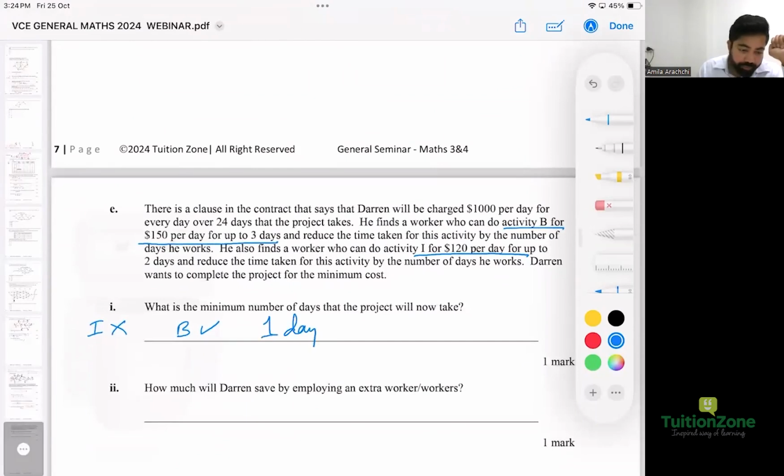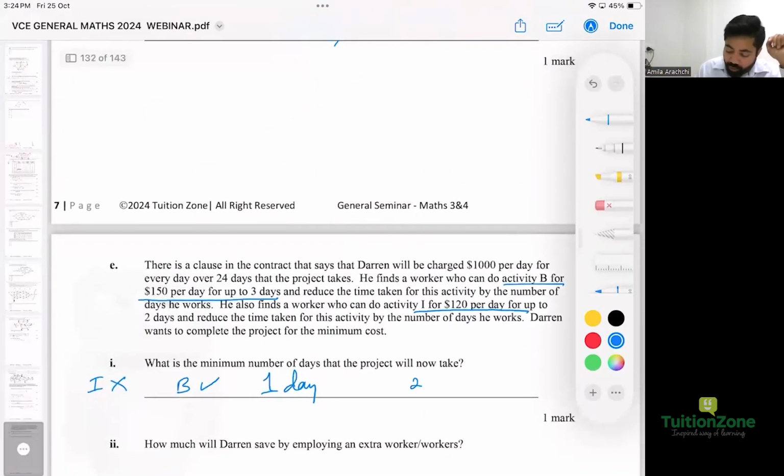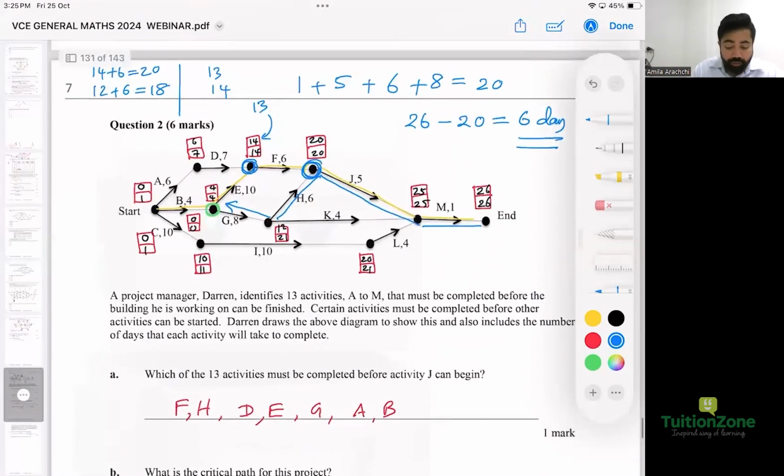So how much is it? I'm asking how many days. Which is literally 26 days becomes 25. So 26 take away 25 becomes just 1 day. Cool. So the answer is just 1 day. Does that make sense, all of you?